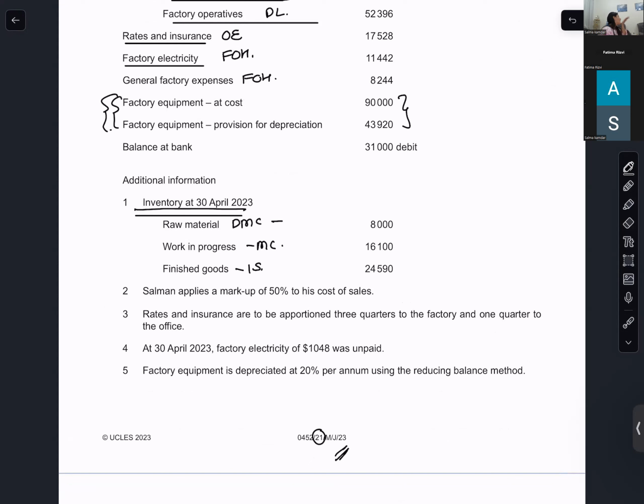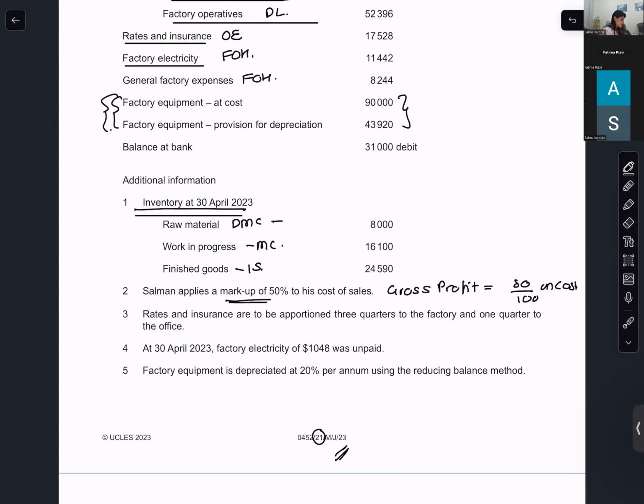Salman applies a markup of 50% to his cost of sales. So basically, we could find out the gross profit with this. It is 50% on cost.